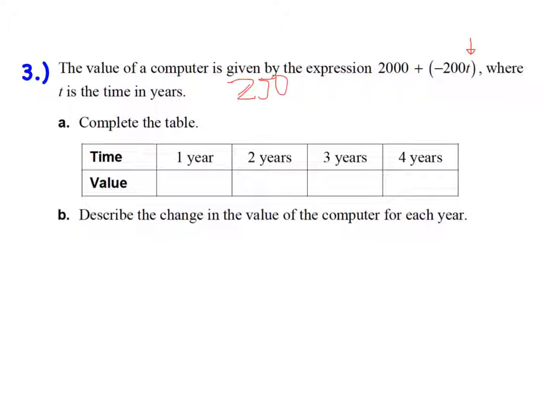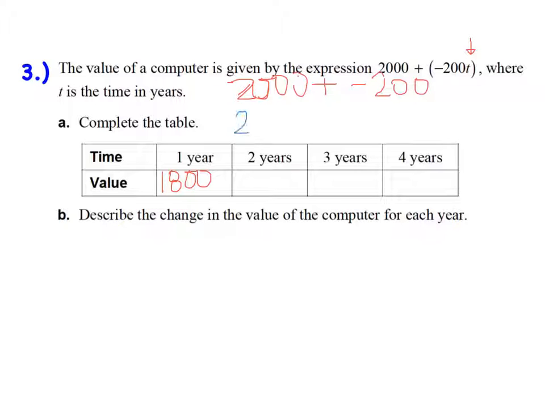So for year 1, I am going to have 2,000 plus negative 200 times 1, which is negative 200. I have 2,000, and then I have negative 200, so I'm going to end up with 1,800 after 1 year. Okay, let's try it after 2 years.